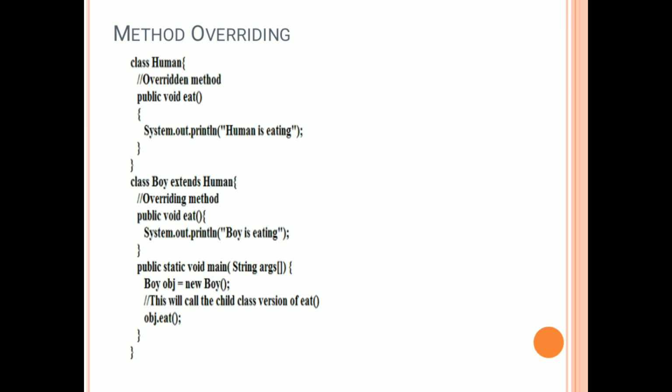This class is also using the method public void eat, with the same method name and signature as in the superclass. That is, the eat method is overridden by the subclass, and here we create an object of the subclass and call the eat method. In this pattern, rewriting the superclass method in the same order and the same pattern in subclasses is called method overriding.